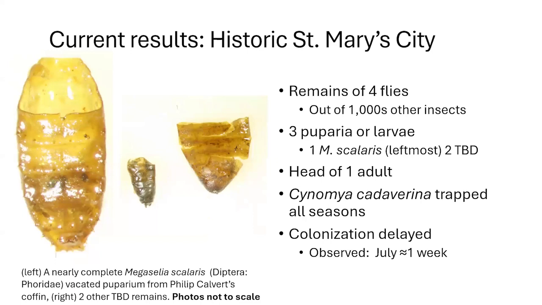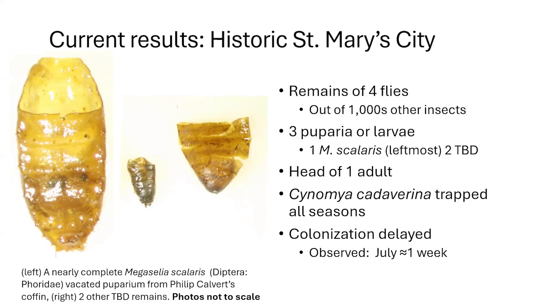So interestingly, in the Calvert coffin, we have thousands and thousands of insect remains. However, there are only 4 individual flies that we have been able to find amongst all of those other remains. And that's going to be the head of one adult fly and then the puparial remains of 3 others.